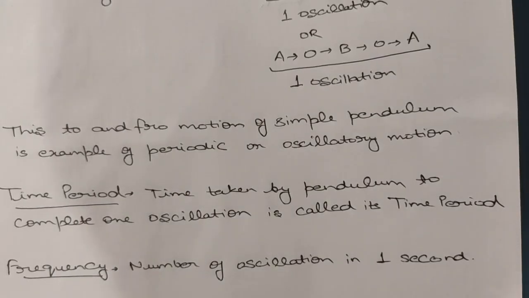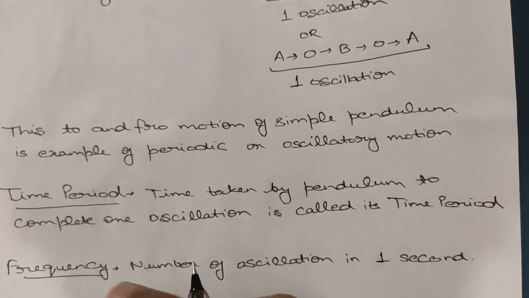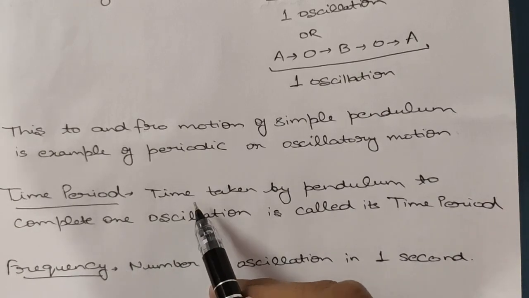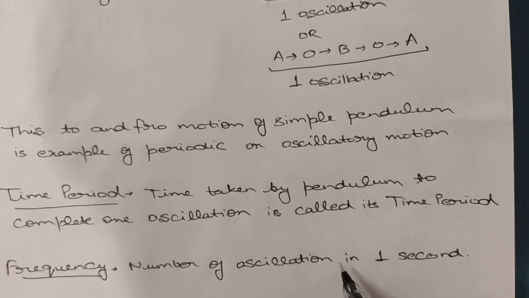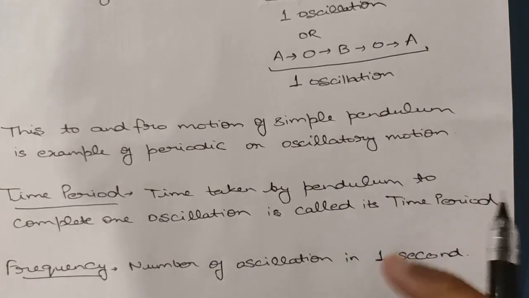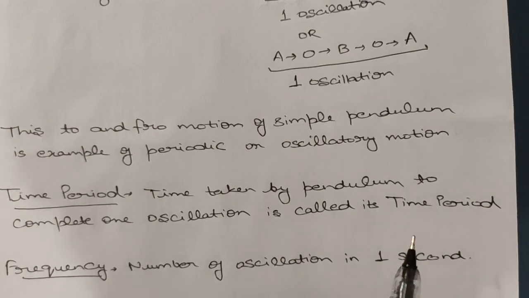So now there are two terms regarding this motion, that is time period and frequency. Now look at the definition of time period. The time taken by a pendulum to complete one oscillation is called its time period. It means when a pendulum completes one oscillation, the time taken by it is called the time period.